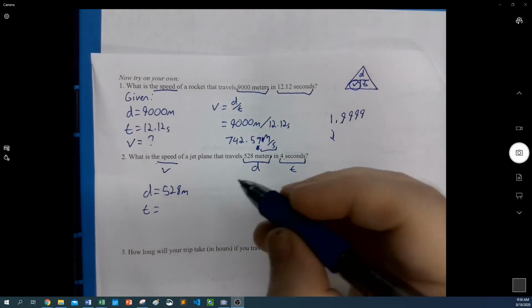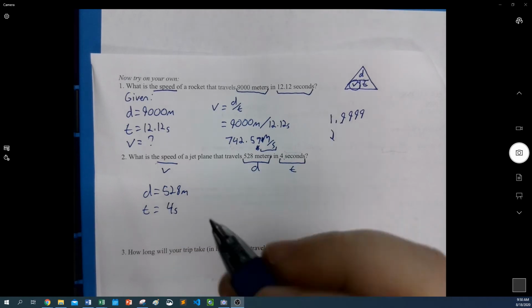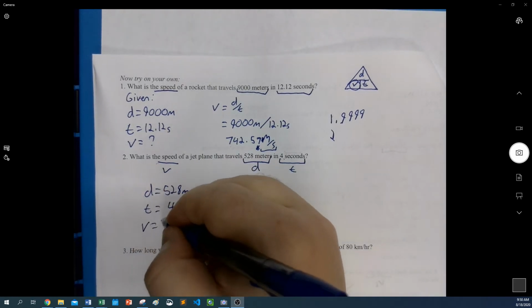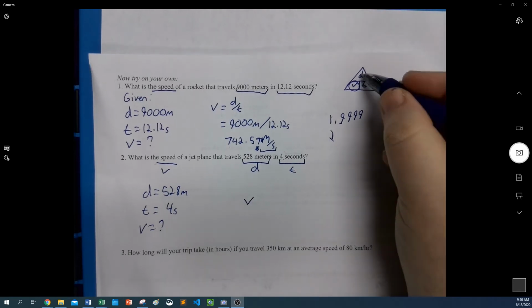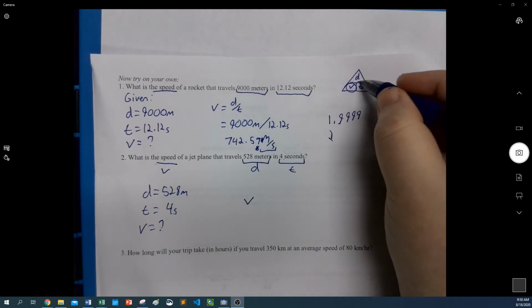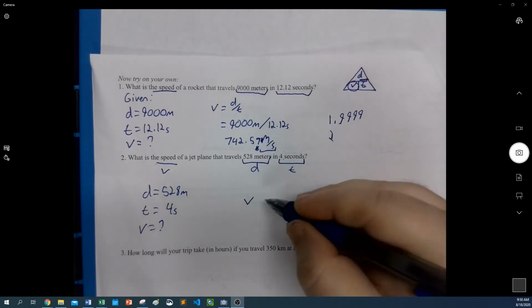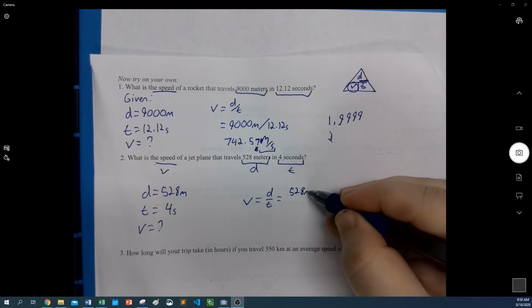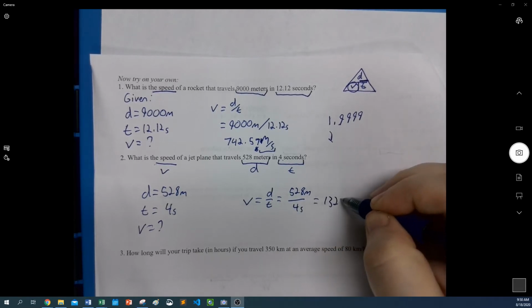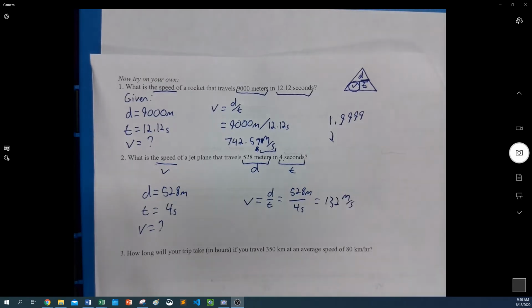T is equal to 4 seconds. And your velocity is what you're looking for. So circle v. And that gives you d divided by t, which would be 528 meters divided by 4 seconds, which is 132 meters per second.